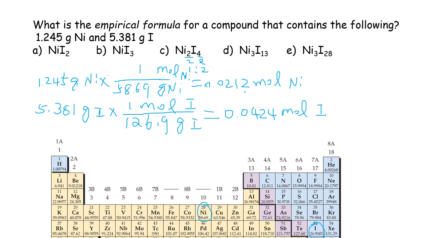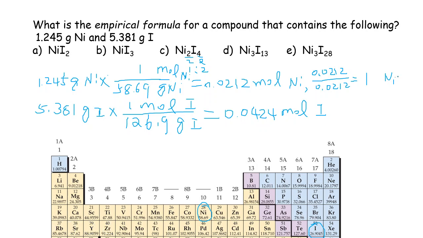Okay, so therefore, for nickel, we are going to do 0.0212 divided by 0.0212. Of course, that gives us 1, a ratio of 1 for nickel.